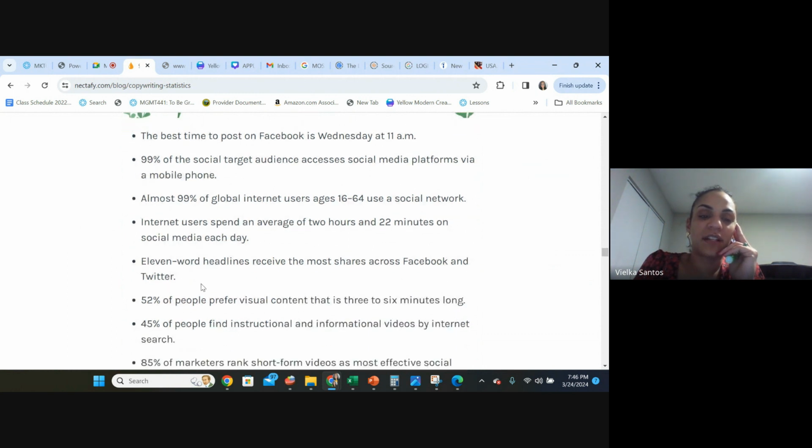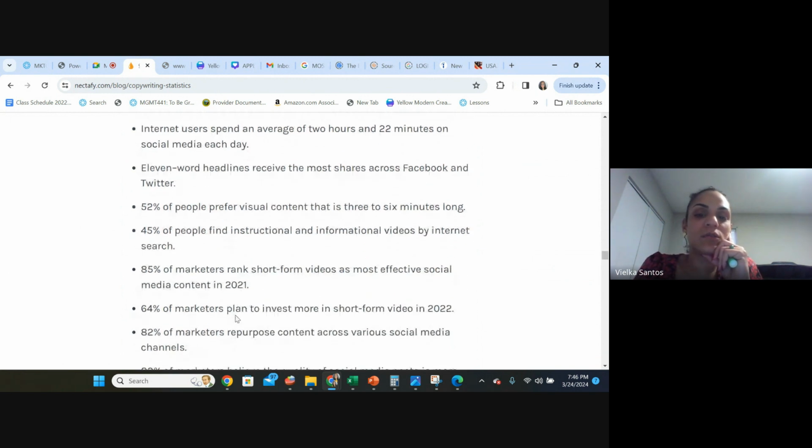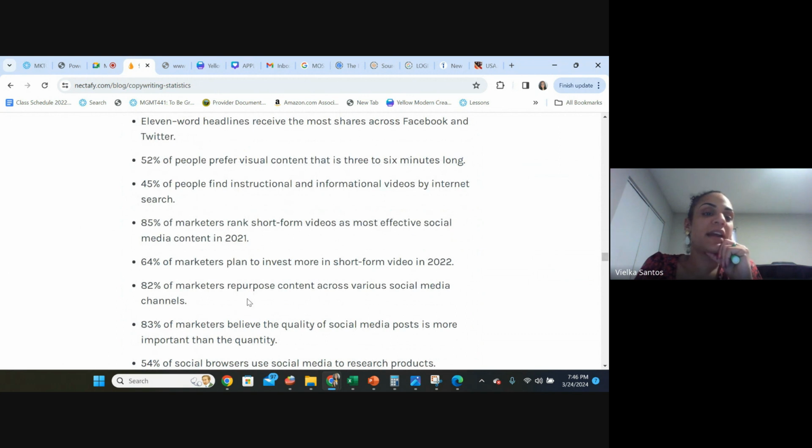I think this is more than that. 11 word headlines receive the most shares across Facebook and Twitter. 52% of people prefer visual content that is 3 to 6 minutes long. 55%, this is a good infographic here, data for infographic. 45% of people find instructional and informational videos by internet search. 85% of marketers rank short form videos as the most effective social media content in 2021. 64% of marketers plan to invest more in short form video in 22.